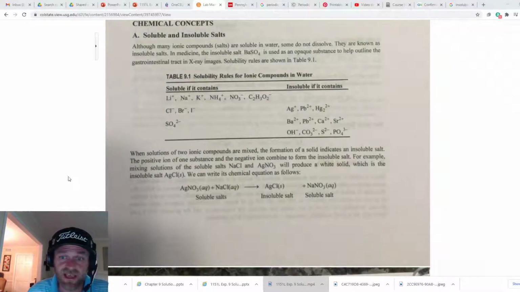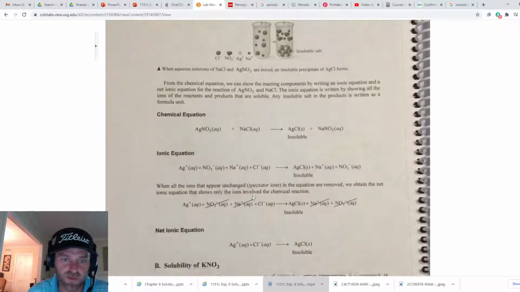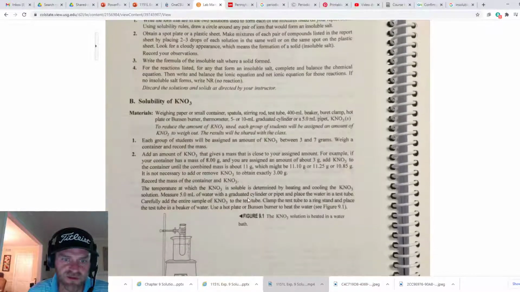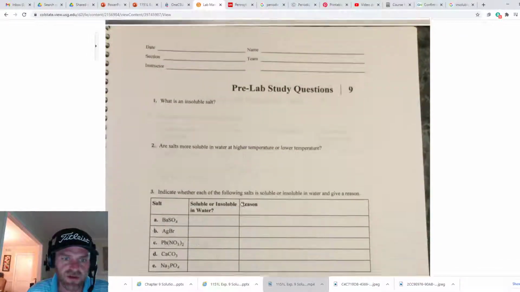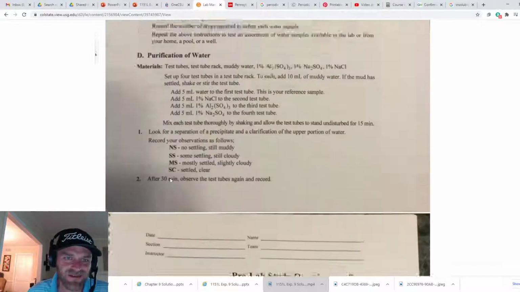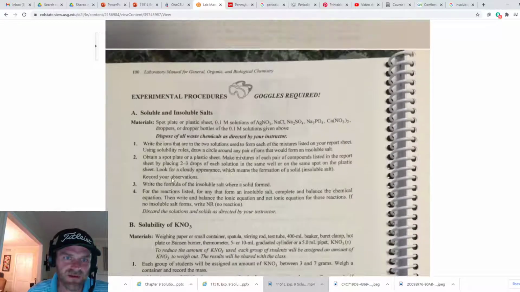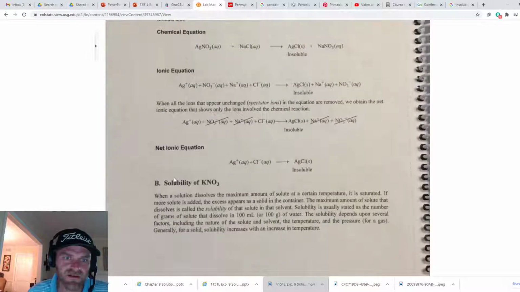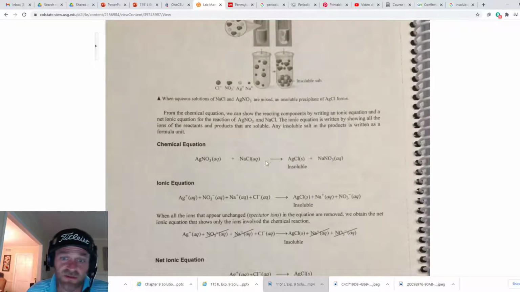So first thing we're going to do is look at this example they have here. This is actually one of your problems, I believe. Let me scroll down here. So if you're doing your work while we go, AgNO3 plus NaCl. Is that what I'm mixing here together? AgNO3 plus NaCl.